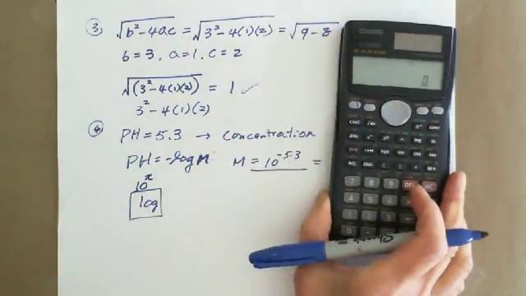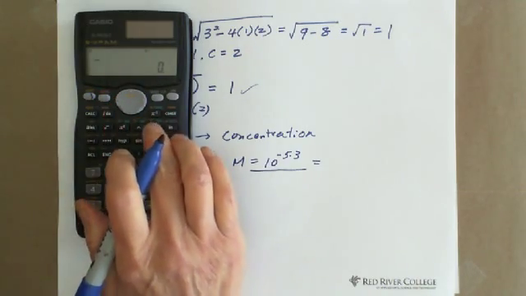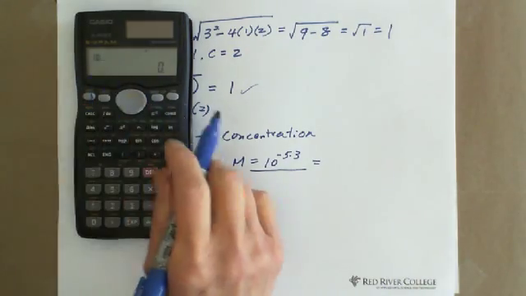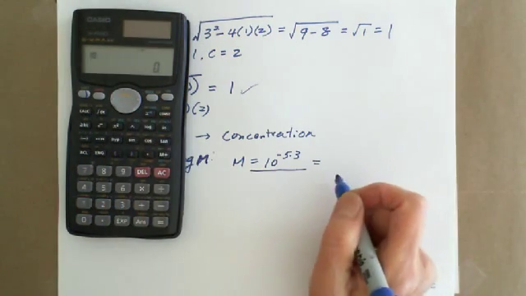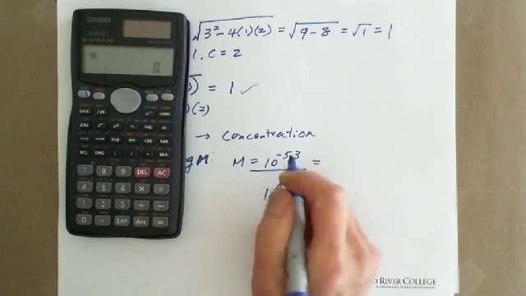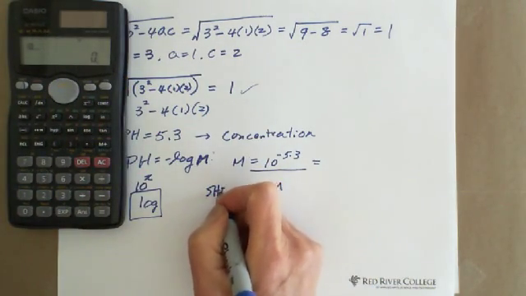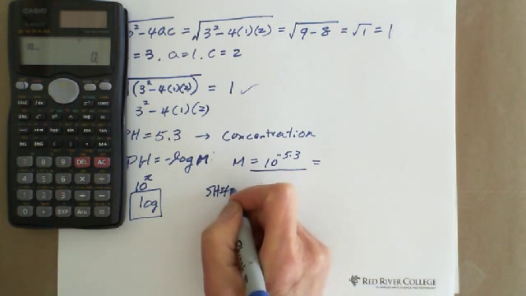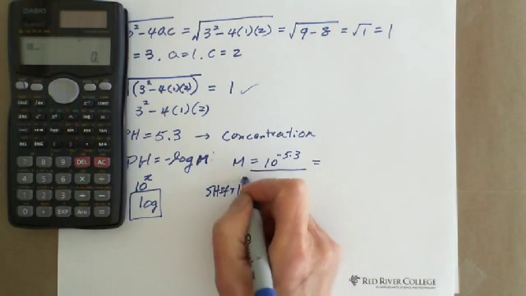So you go to shift and log, which is 10 to the x. But you used to use this button, so you put 10 to this one. So you go to shift and the logarithm with 10 to the x.